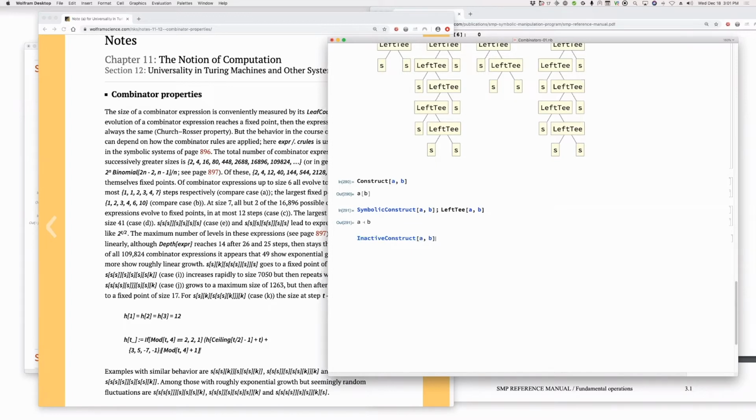Because the only thing inactive does is to prevent down value evaluation, right? You could say inactive of construct. Exactly, that's what I was thinking, because this is more symmetric. So in this language, I think everything is a function. Both A and B are functions, while for construct, A is a function, B is an argument. So what's your point? That treating A and B in a symmetric way, rather than inactivating A applied to B, is more natural.